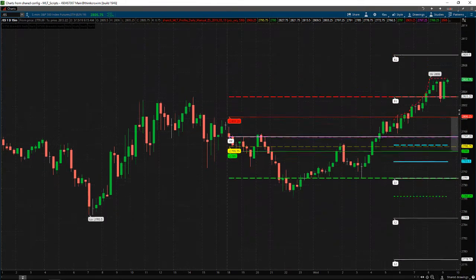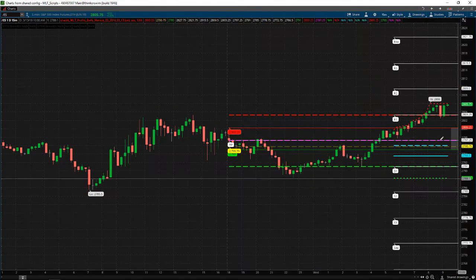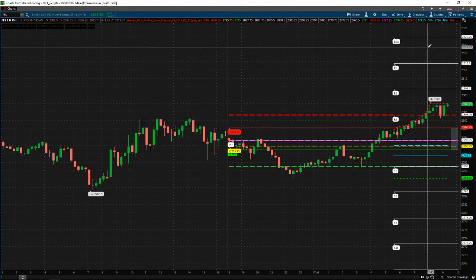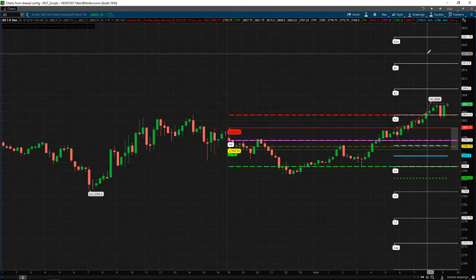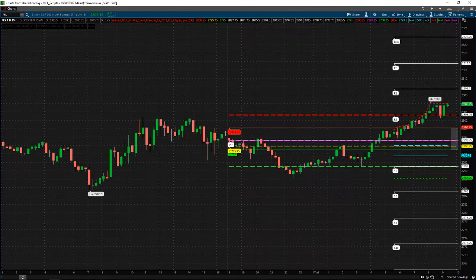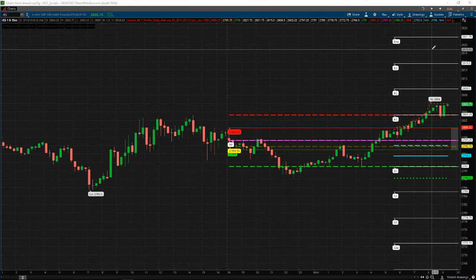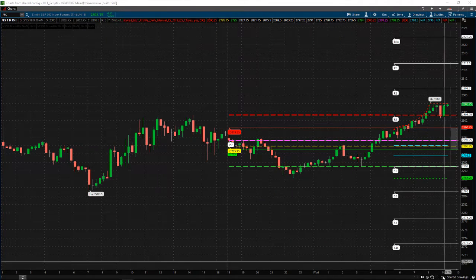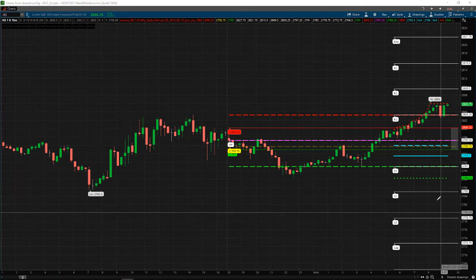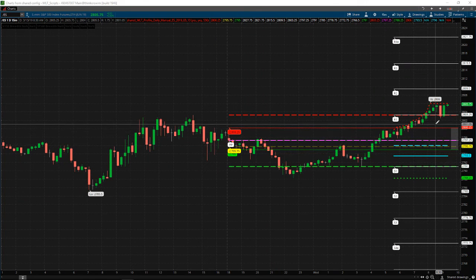Floor trader pivot point support and resistance levels. R4 2821.75. R3 2815. R2 2809, and R1 is in 2803.25. The pivot point for the day comes in at 2797.25.